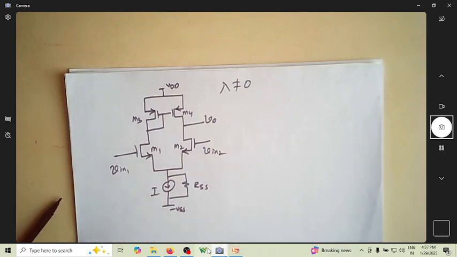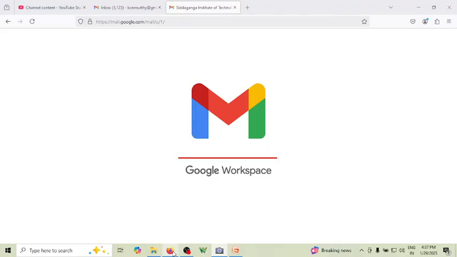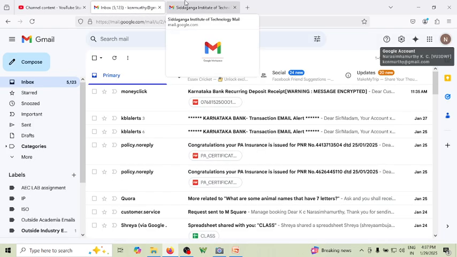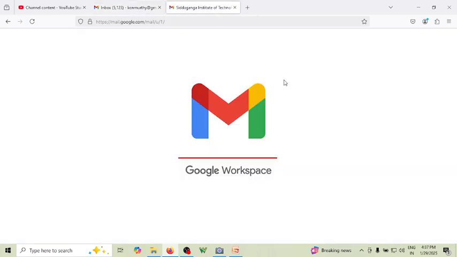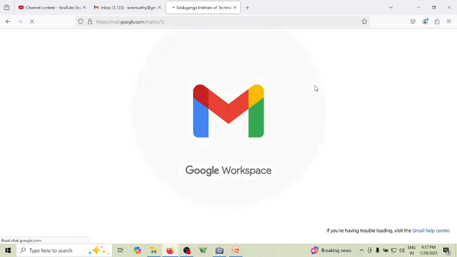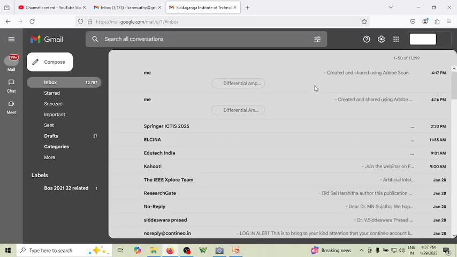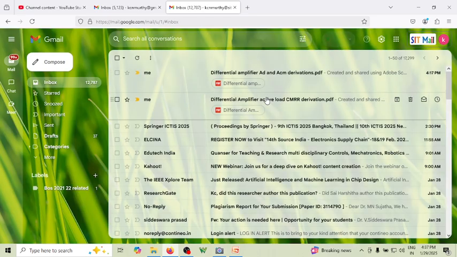Okay, this is the differential amplifier what I have.